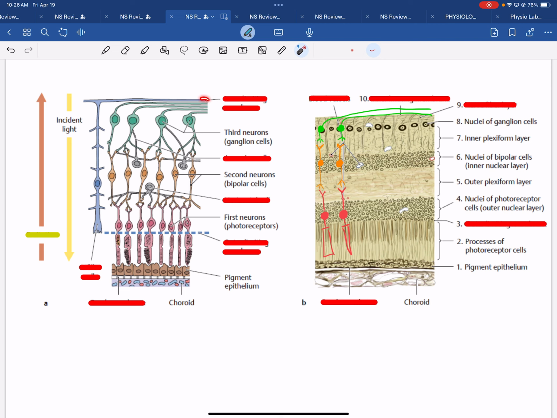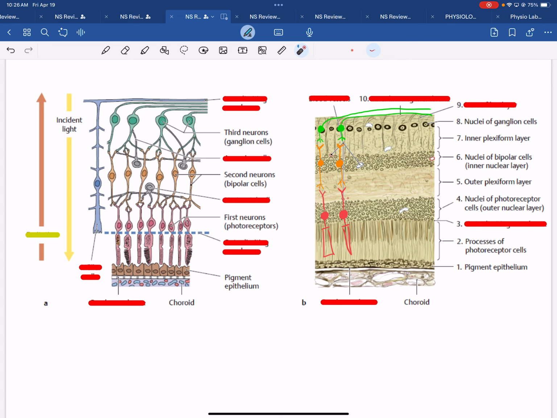So the next synapse, these axons are going to synapse onto the thalamus. And through the thalamus, they'll go to the visual cortex. Visual cortex is occipital, exactly, good.